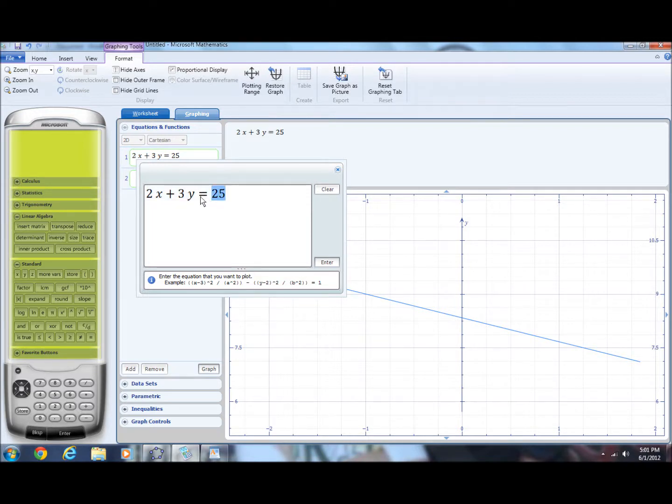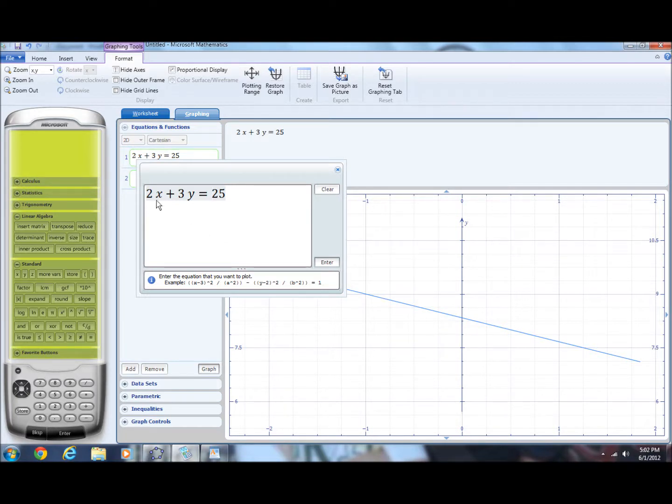In order to find the y-intercept, you'd have to do c, which is 25, divided by 3. 25 divided by 3 equals 8 1/3, or 8.3 repeating, same thing. So now that we have found the x and y intercept, how do we find the slope of the equation?